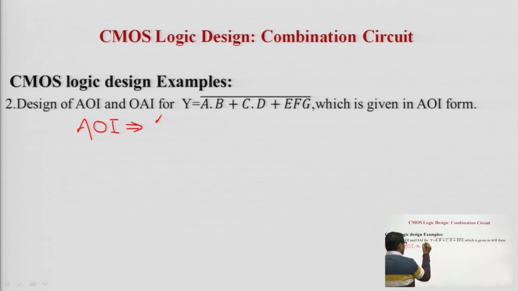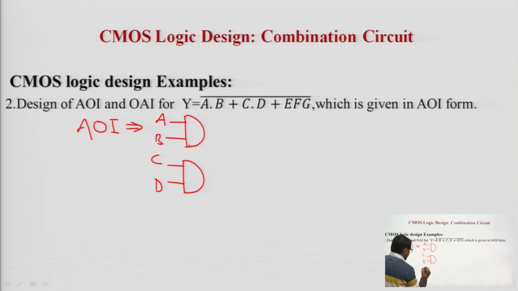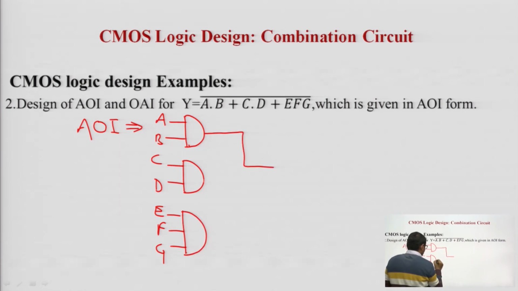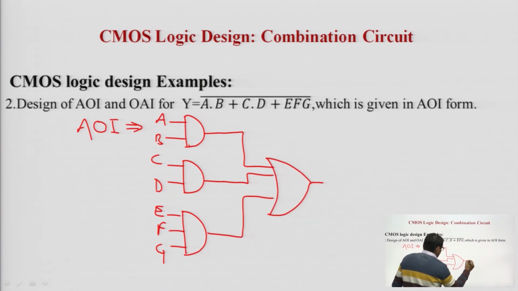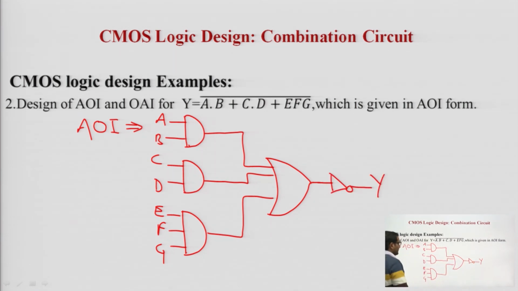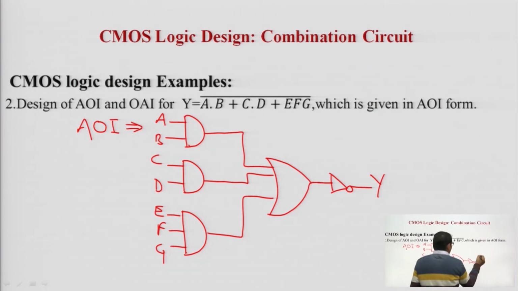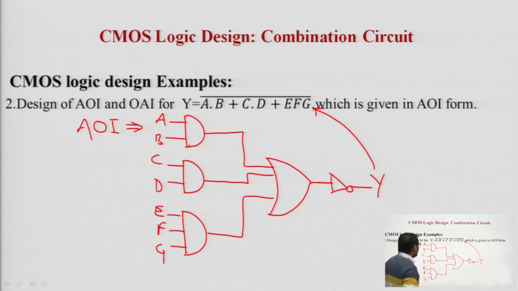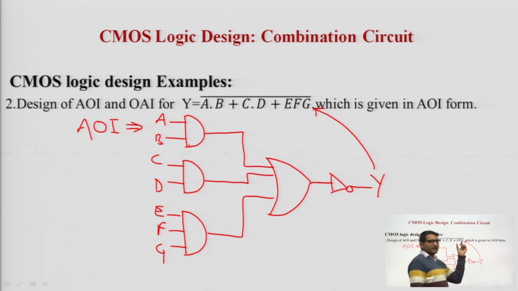AOI means this is AB, this will be CD, EFG, and this is Y. So it gives the Boolean algebra Y equal to the function A dot B plus C dot D plus E dot F dot G, whole bar.